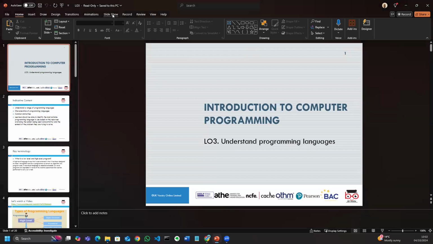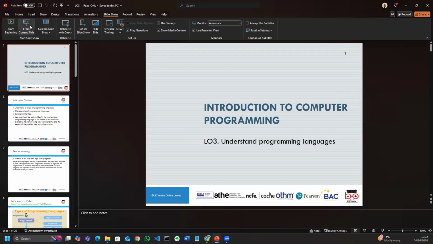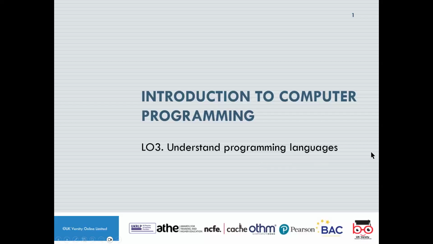So we've now come to our third learning outcome for our introduction to programming unit. So what have we done in our previous tutorial? We introduced programming languages. We explained how they work with the syntax and the use of data types and if statements.